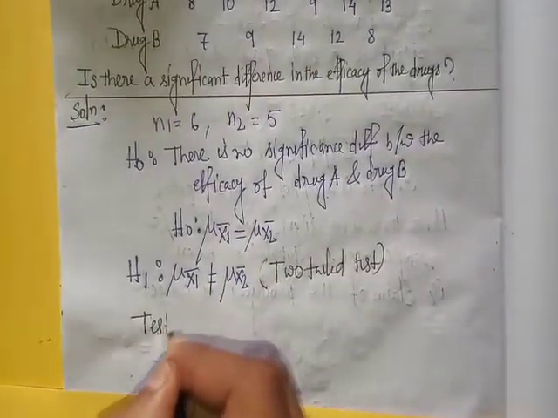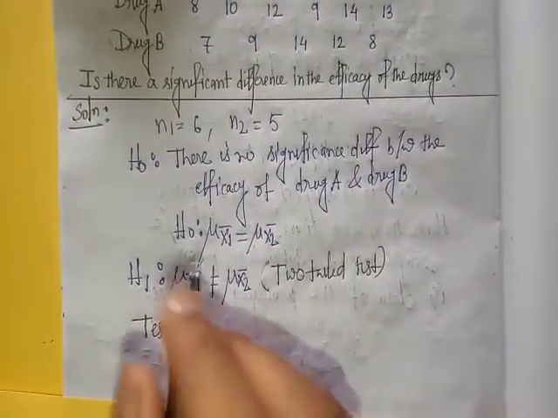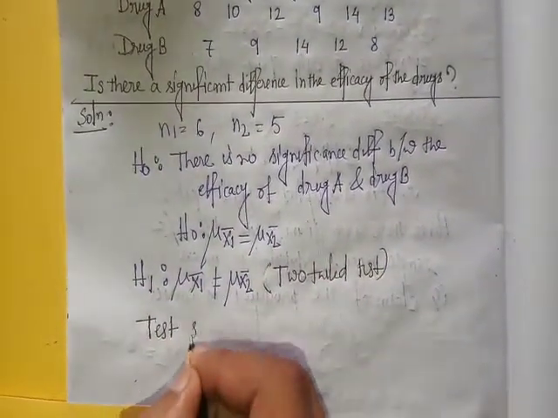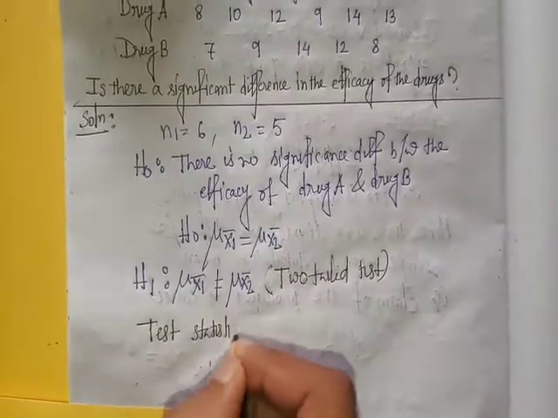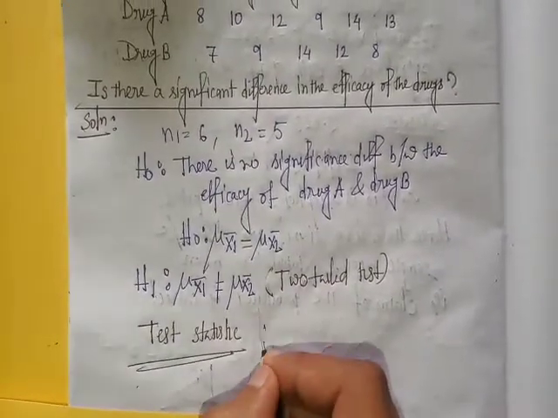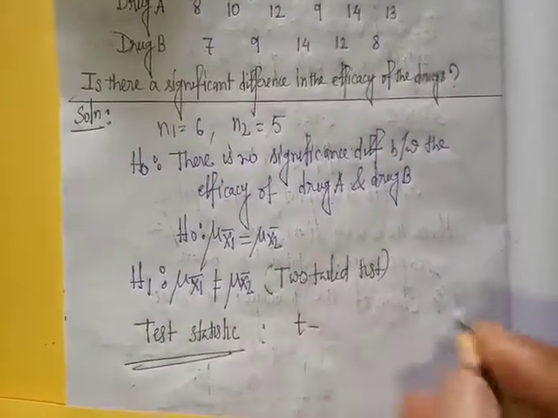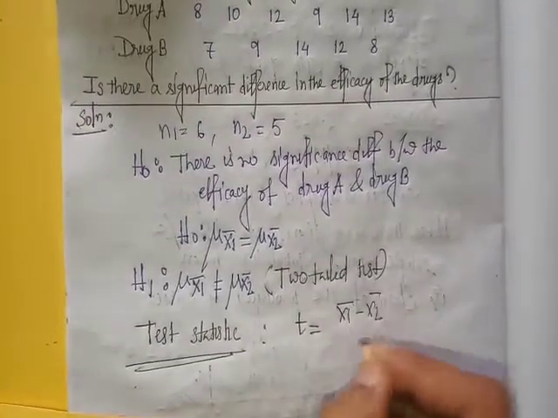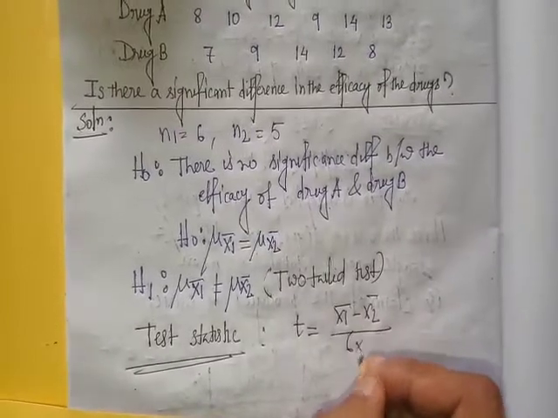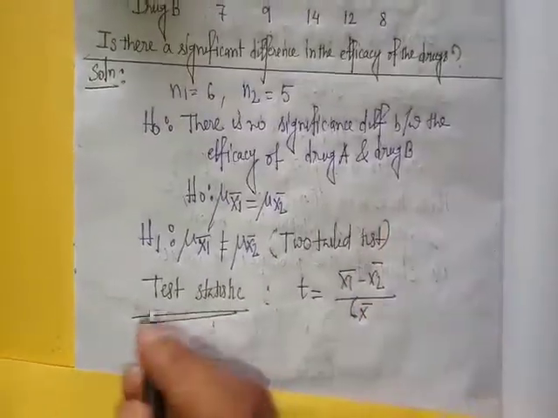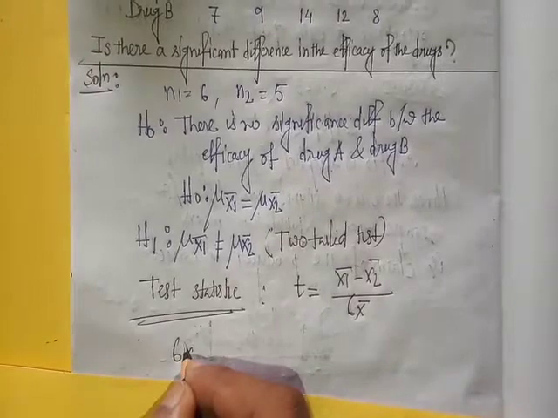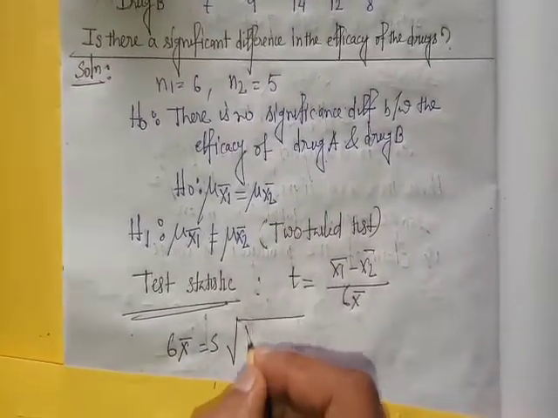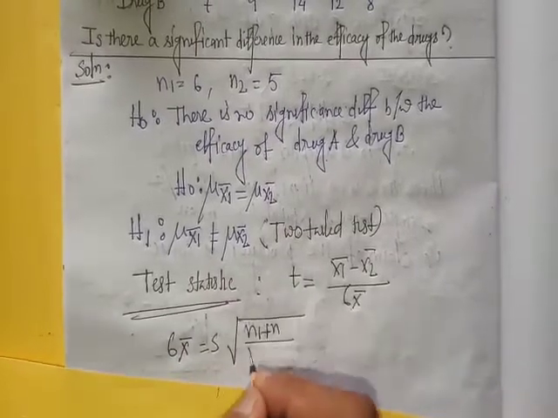Next, the test statistic. The test statistic for the unpaired t-test, for independent samples, is t equal to x1 bar minus x2 bar by sigma x bar, where sigma x bar is the standard error of mean, s into root over n1 plus n2 by n1 n2.